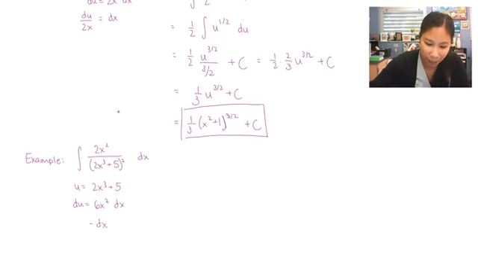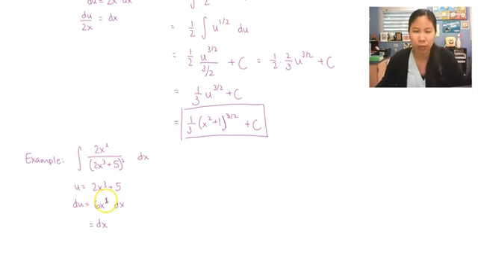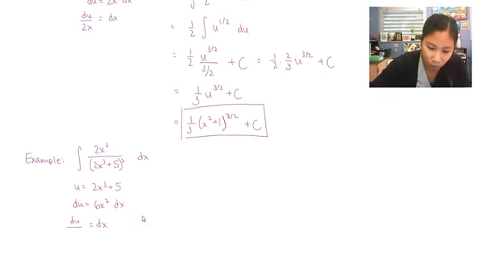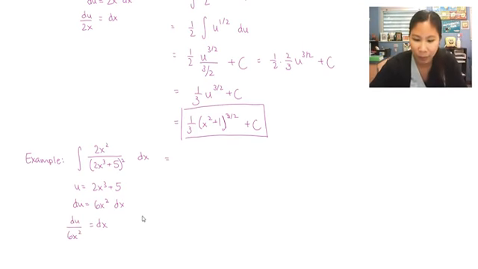And again, I see that I have a 2x squared on top of my original problem. And my derivative is 6x squared, so at least the x squareds I know will cancel out. And then we'll deal with the constants of 2 and 6 later. So if dx equals du over 6x squared, then rewriting my original problem, I'll have the 2x squared, and then I'm actually going to rewrite the bottom part, the 2x cubed plus 5 squared, as a negative exponent.